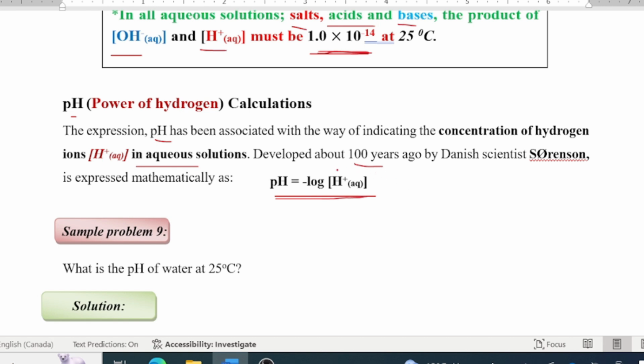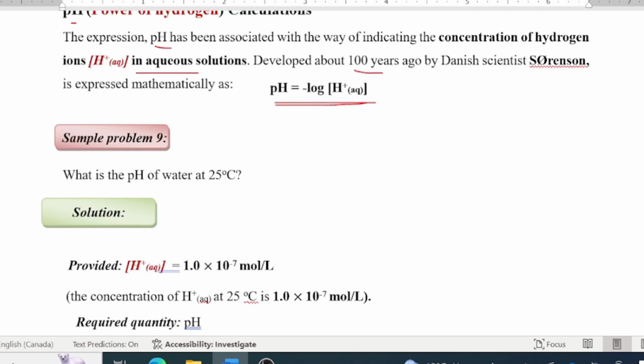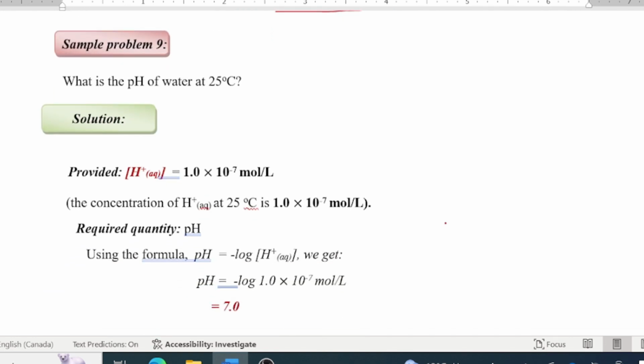So if you know the hydrogen ion concentration, all you do is to put the negative log of that and you'll get its pH. So let us look at some calculations to make that well understood. Okay, what is the pH of water at 25 degrees Celsius?